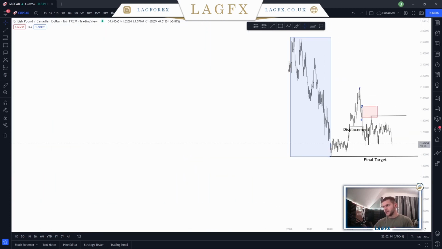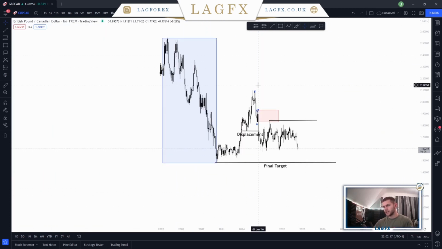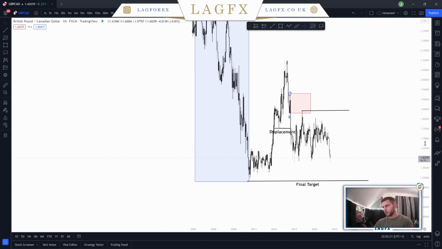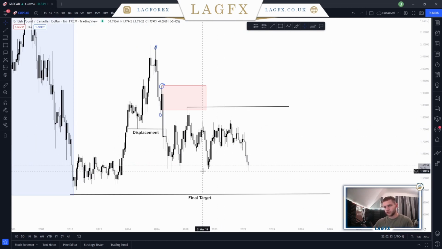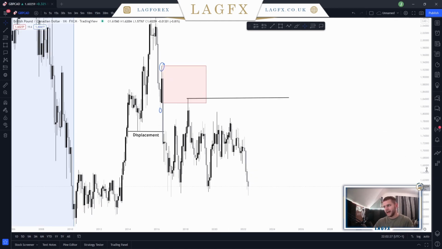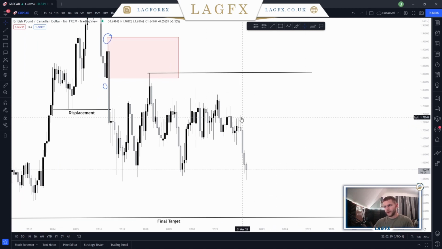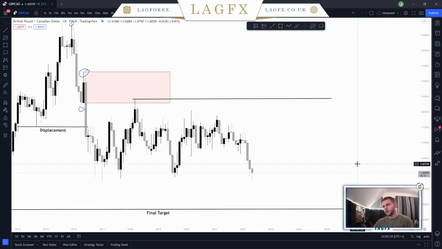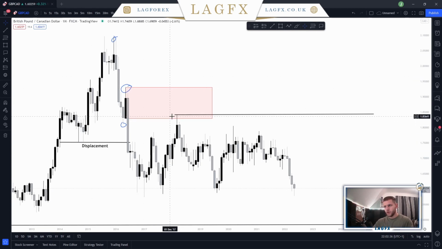We created the bias that we have impulse, correction, and then we should be taking the next impulse down to this final target. So we understand that price in the long term should slowly and eventually trade us down to this region. So now that we go lower, we understand that we want to find ways to be able to sell into that final target. As we drop slightly lower and we look inside of this region, we can now refine our protected high or invalidation zone quite nicely.